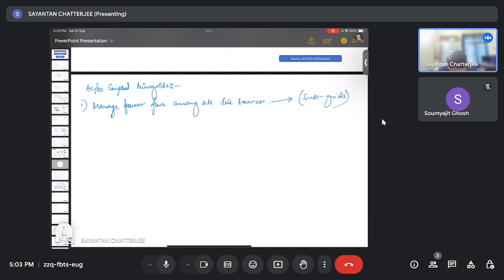So this becomes a challenging task. The mode of operation can be grid tied or standalone.